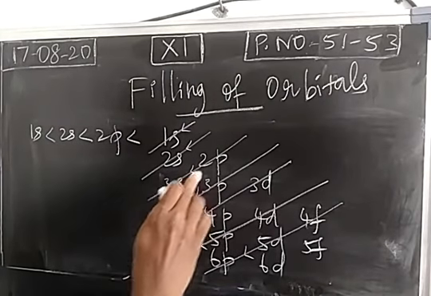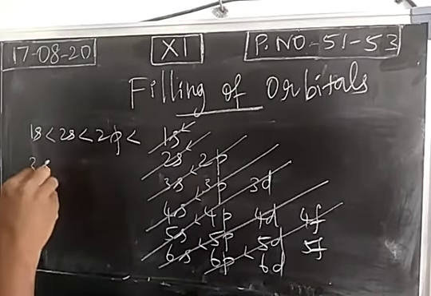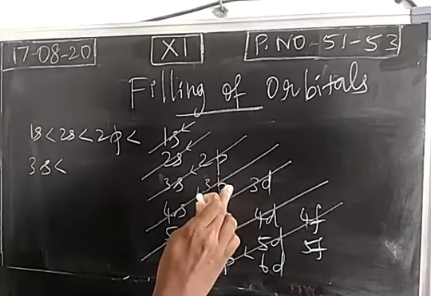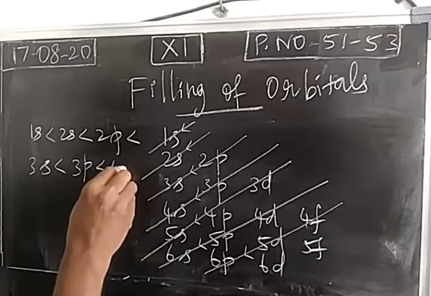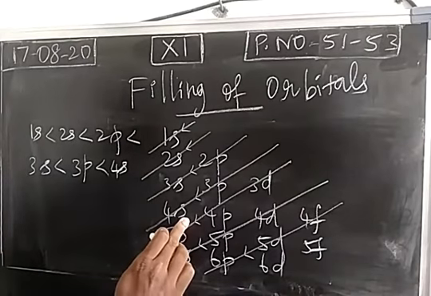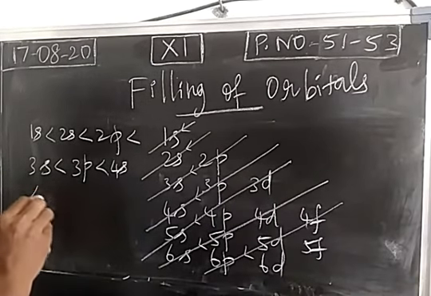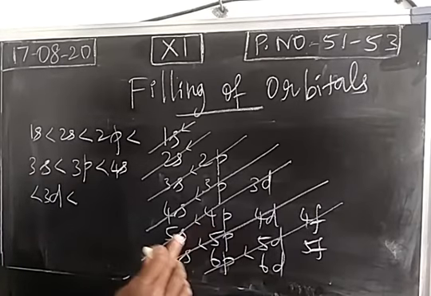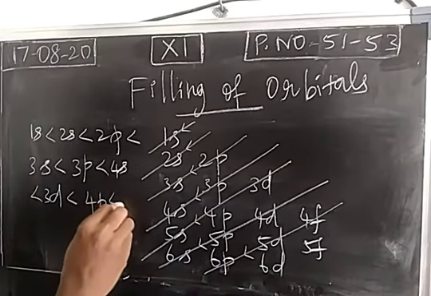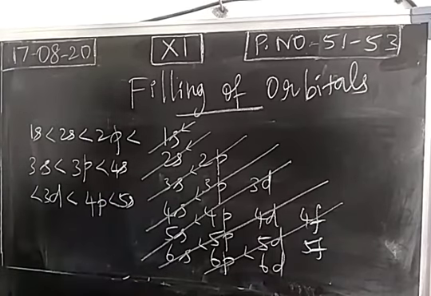Then after 2p, 3s. After 3s, 3p. Then 4s. After 4s, 3d. Next 4p and 5s. Then 4d, 5p.